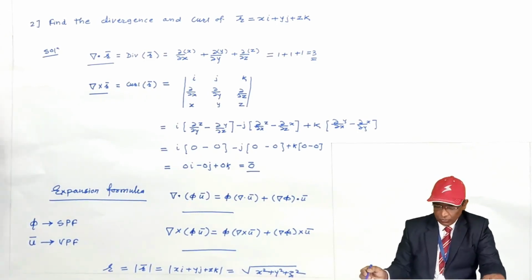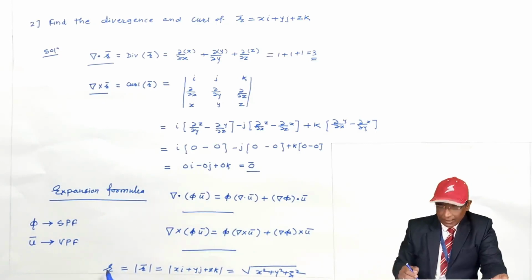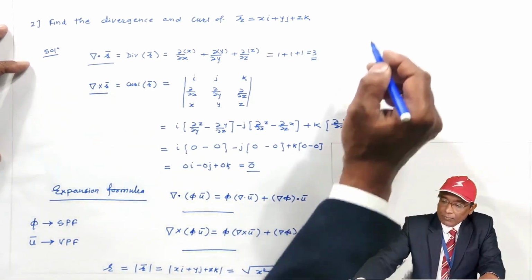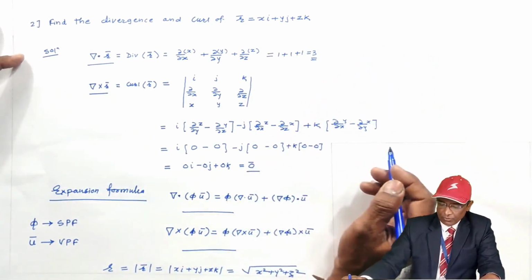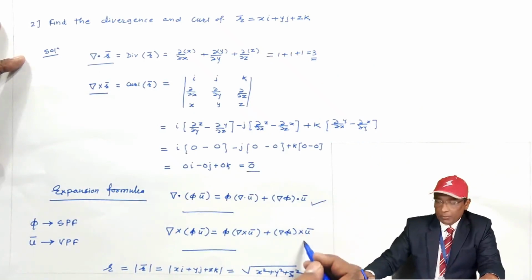Problems involving divergence, curl, gradient and functions of r are called vector identity problems. When we solve vector identity problems, these two formulae will be highly used.